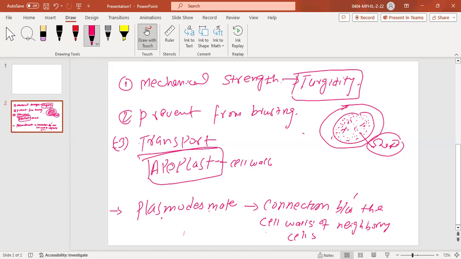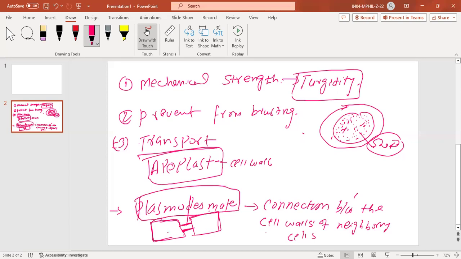For example, you have a cell here, so there will be a connection between these two cells through this cell wall. Here is a cell, here is another cell, so there is a connection between these two cells, that is plasmodesmata. Right?